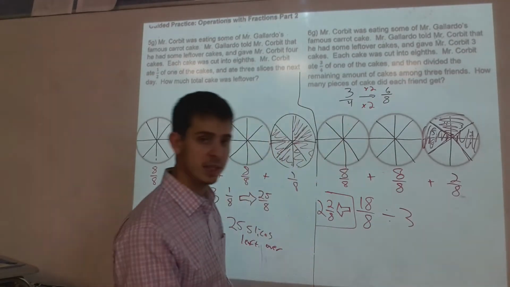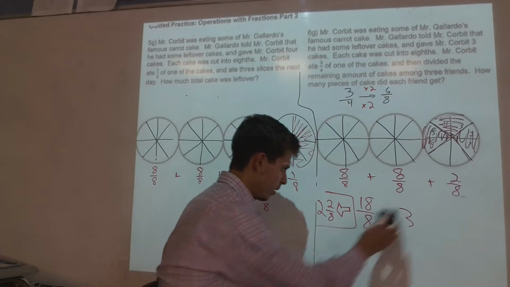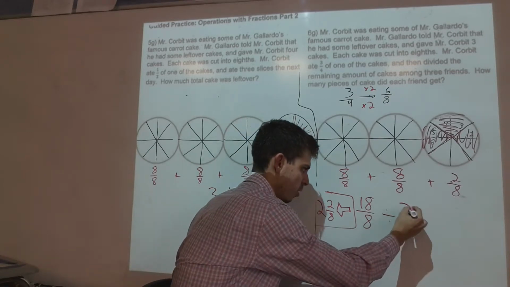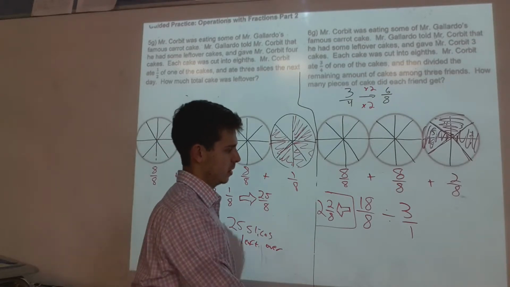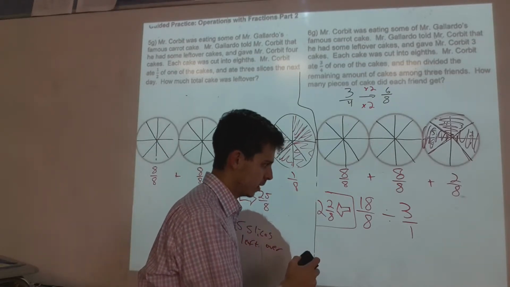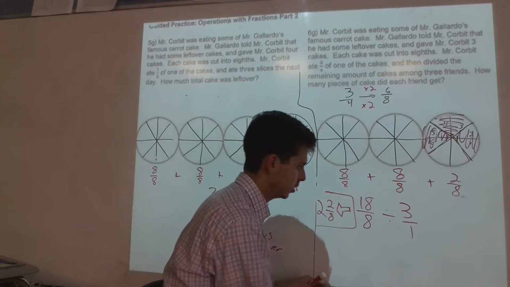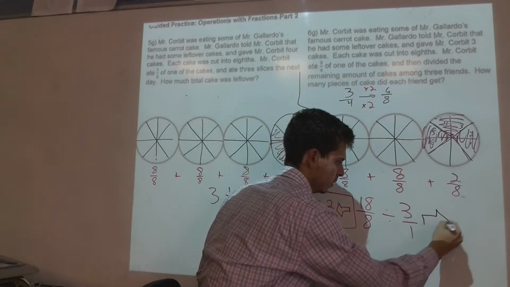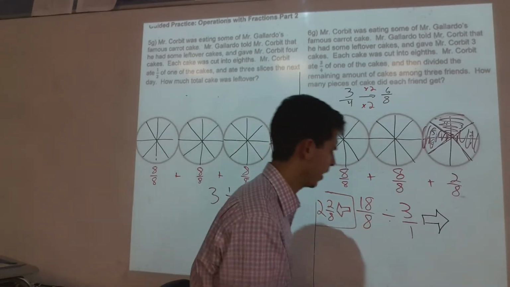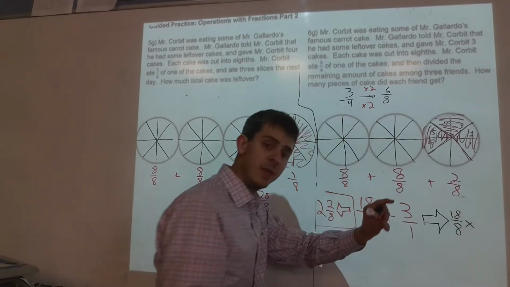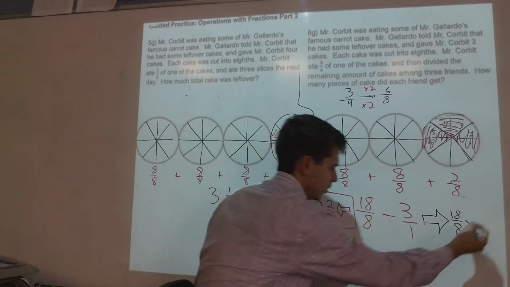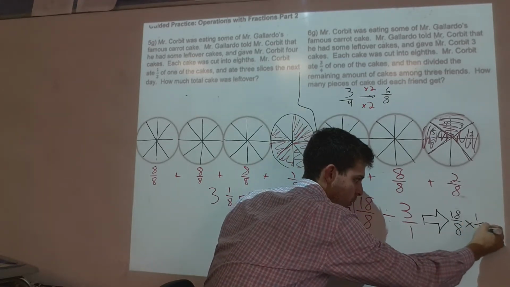Now, to divide this by 3, we can rewrite 3 as 3 over 1. Now, I know that this actually will turn into my rule for dividing fractions: 18 over 8 times the reciprocal of 3 over 1, which is going to be 1/3.